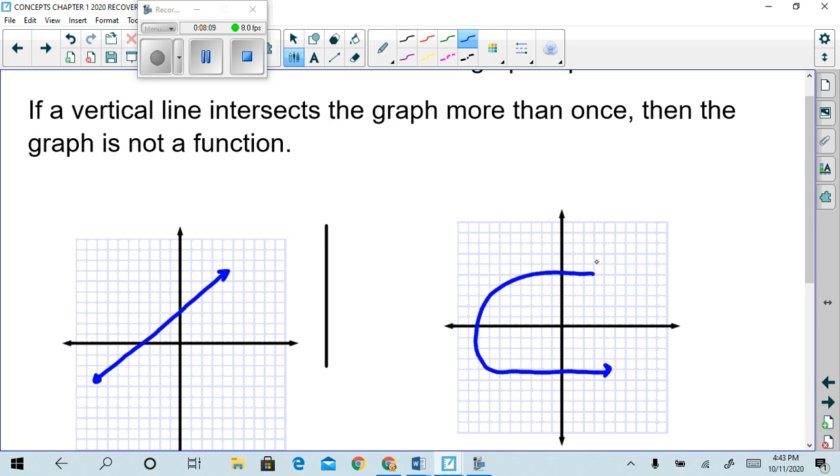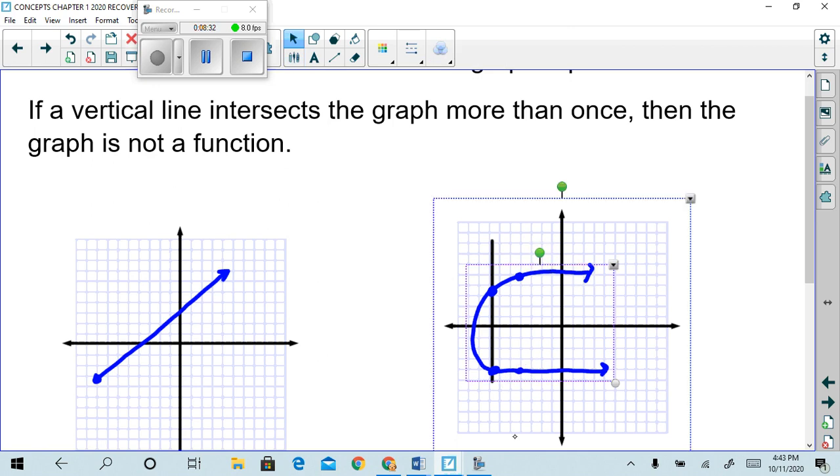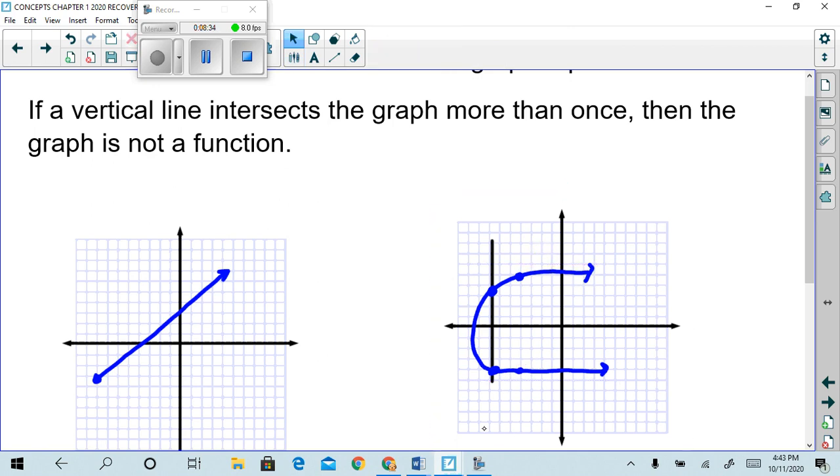And if I graphed all these points, now if I were to take this vertical line, this vertical line test, you're going to notice that there are 2 points in this same vertical line. I could continue, and there are 2 points in this same vertical line. Same would be here.